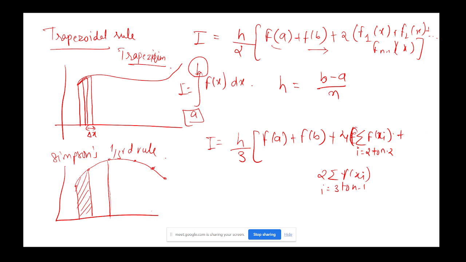So for easy remembering, all the alternate even terms will be multiplied by 4 and the rest of the terms will be multiplied by 2.